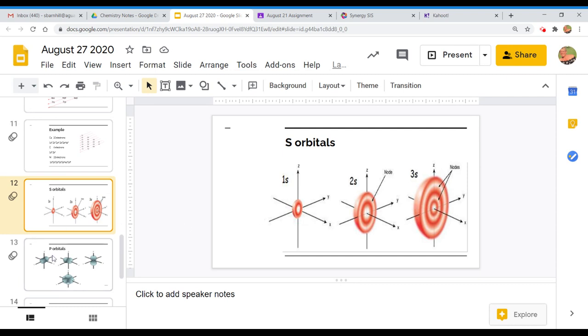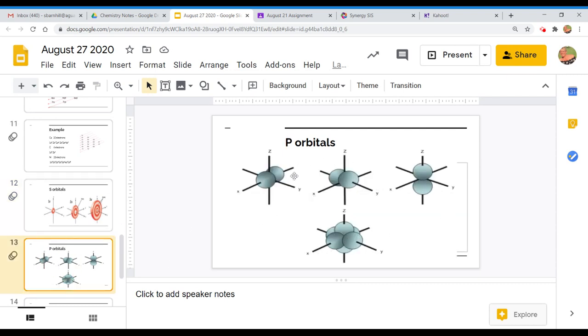The p orbitals are dumbbell shaped. So you've got 1, 2, 3 on the x, y, and z axes. And then when you put them all together, they kind of clump together and form a kind of flower shape, but there's one on the x axis, one on the z, and one on the y axis.